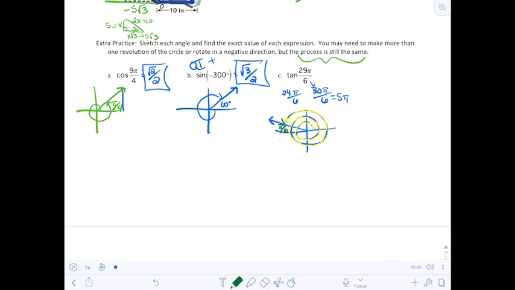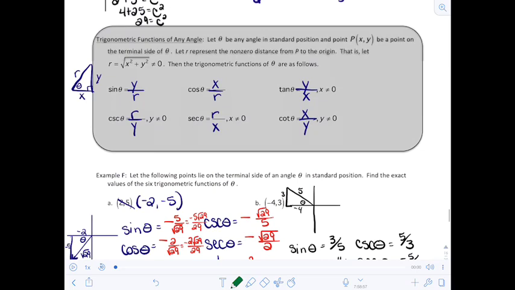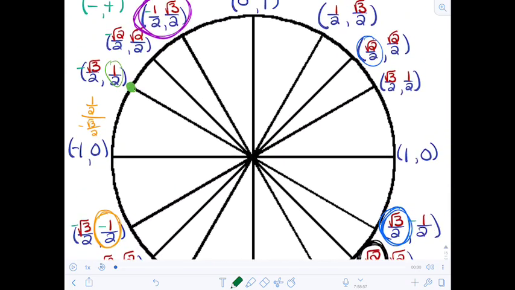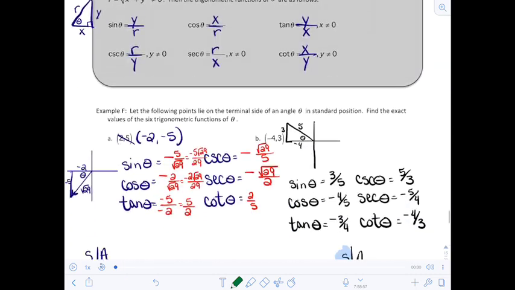which is 30 degrees. Now this is tangent, and it's in quadrant 2. It's going to be negative, so negative something. Only the sine is positive in the second quadrant. So if I go back and look at my unit circle for pi over 6, or 30 degrees, tangent is y over x. So 1/2 over negative root 3 over 2.